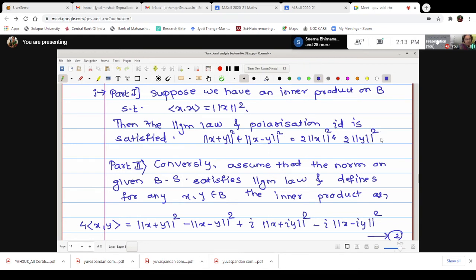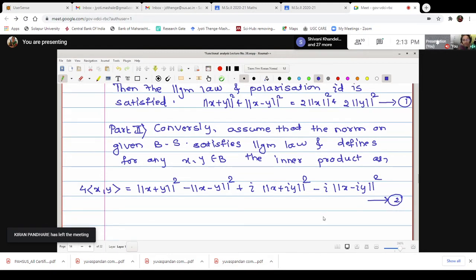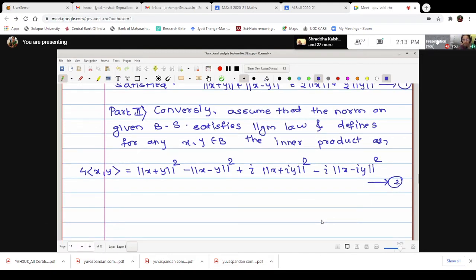Because this is an assumption that the parallelogram law is satisfied, I have written it. And the second assumption is that the inner product is given by this quantity. Now we want to verify that this is an inner product, that is, it satisfies all the properties of the inner product, that is, to prove that B is a Hilbert space.